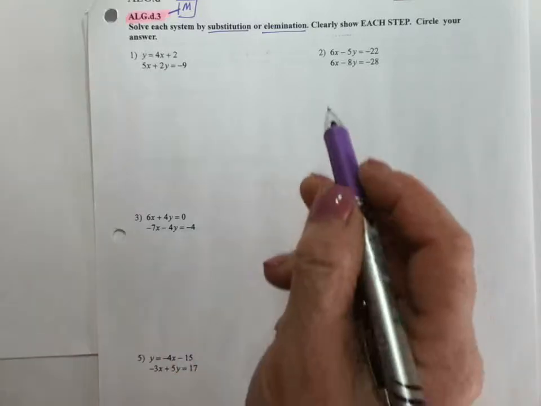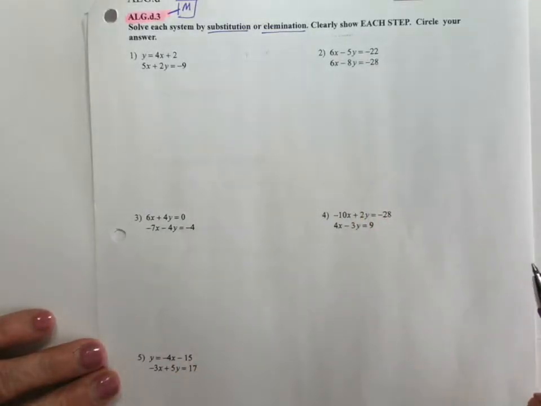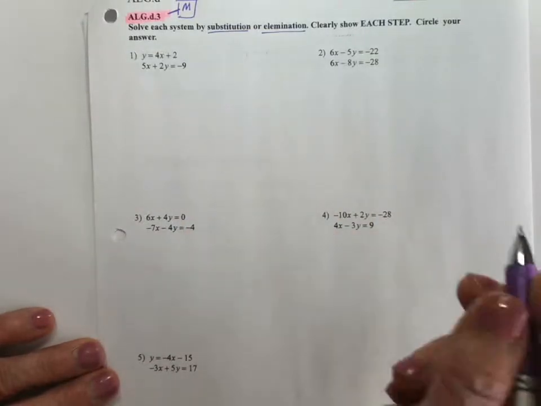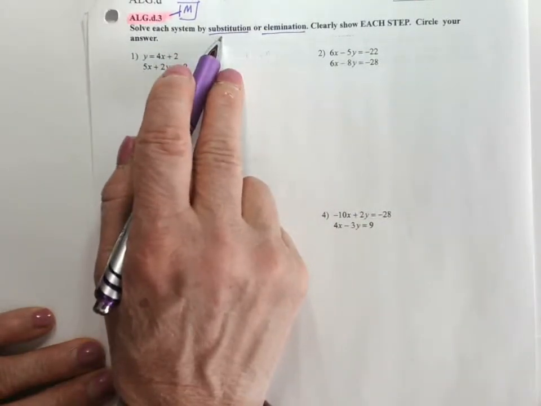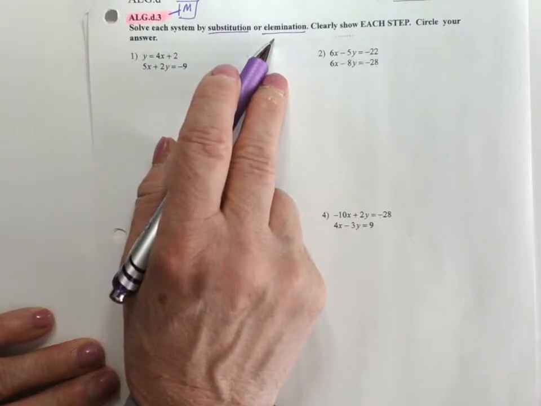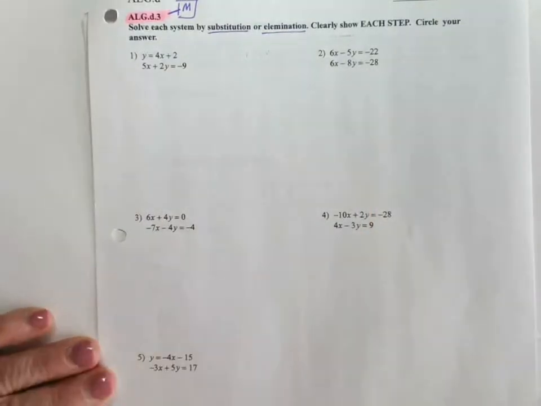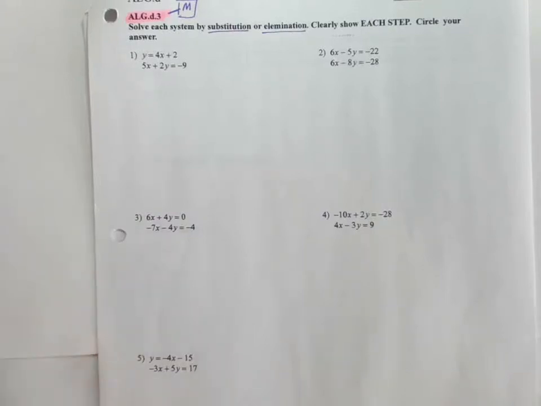Go through these problems, and whichever method you think is going to be the easiest for you, but it has to be either substitution or elimination, you solve it that way. So that's the meets, and I'm going to leave those for you to do. Again, at the end of this video, I will show the answers.